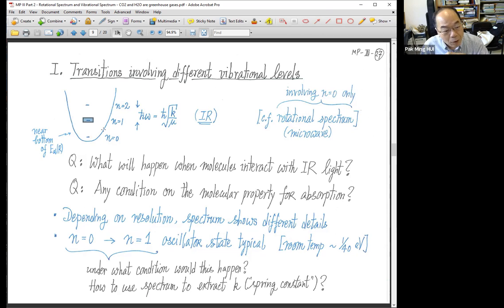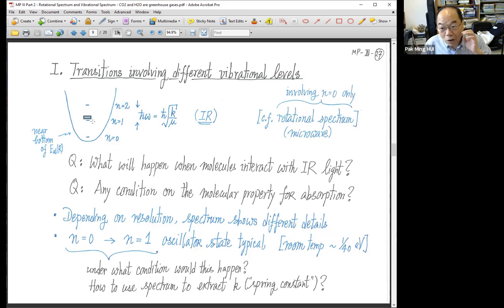Because when you go from n equals 0 to n equals 1, behind it there may be another label, L, being changed. For example, n equals 0, L equals 0, goes to n equals 1, L equals 1, because there's a selection rule for L, plus or minus 1, okay?